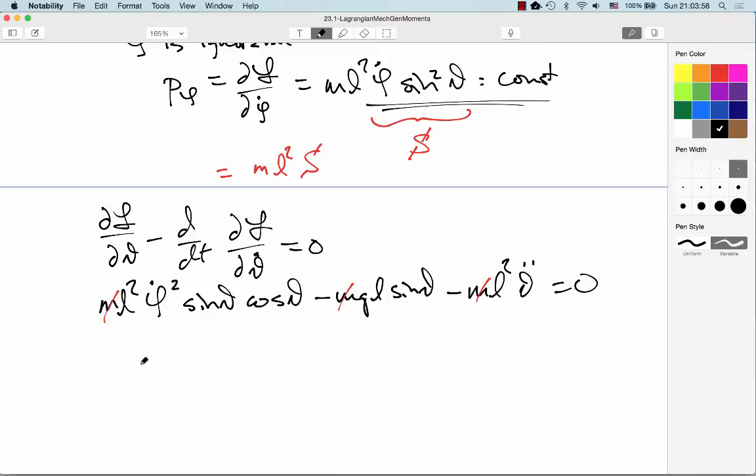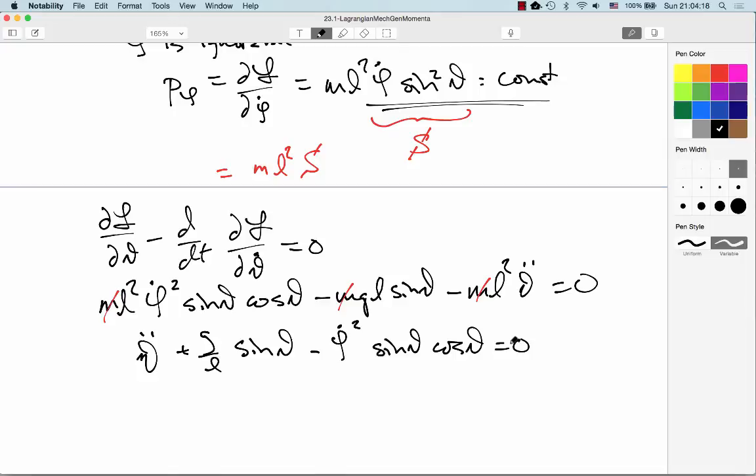So we've got theta double dot plus, I'm dividing through by L squared, right, in order to get in the standard form. So plus g over L sine theta minus phi dot squared sine theta cos theta equals 0. Now that looks horrifying because you go, oh my god, I've got that phi dot in there, that's horribly complicated.